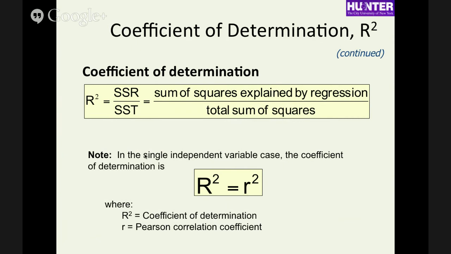So you might wonder, why do we have a coefficient of determination then? Because it has less information than r, right? Because r could be positive or negative, but with r squared, you've lost that sign. So why have r squared? One reason is that you can apply it to multiple regression. If you have several predictor variables, you can still calculate an r squared even though you can't get an r.